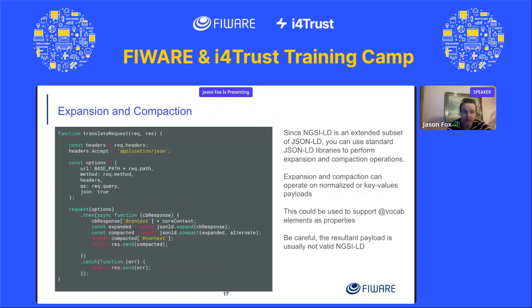Expansion and compaction is, again, not strictly speaking an NGSI function. It's a JSON-LD function, and when you retrieve data out in a JSON format such as NGSI-LD, it is possible to modify that data.